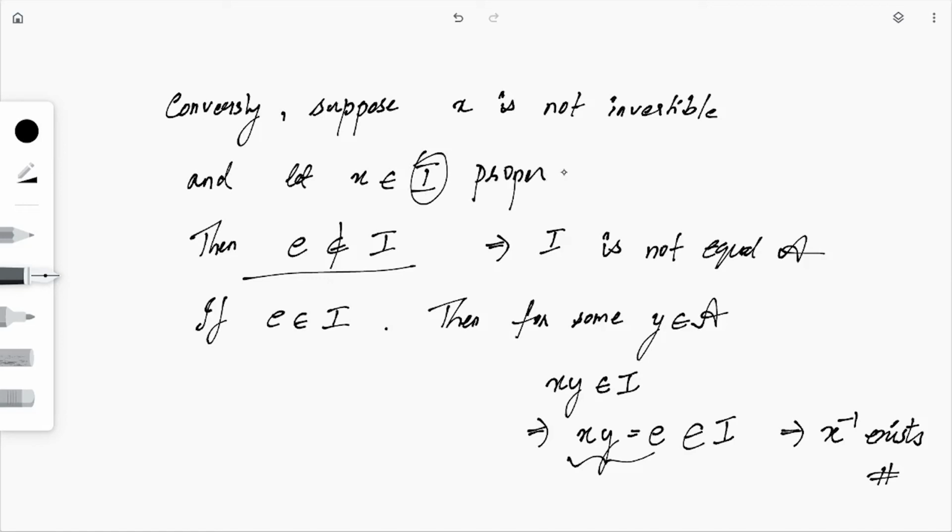So I hope you are getting the idea of this. We have assumed that x is not invertible, and assuming that x is an element of I, we can say that E does not belong to I, because if E belongs to the ideal I, then it will contradict the fact that x is not invertible. So I has to be a proper ideal.